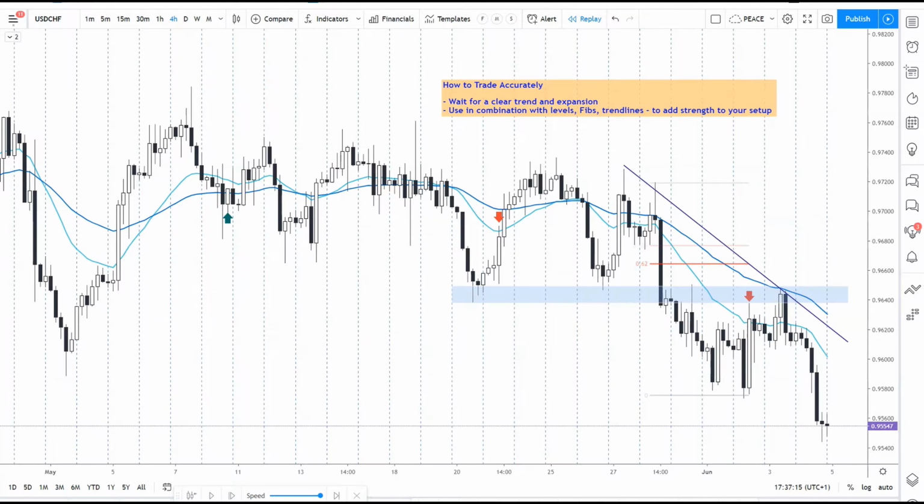So instead of this point to enter here, you will actually be looking for the confluence, which is here. And the confluence is the combination where the level meets the trend line and also bouncing off the EMAs.